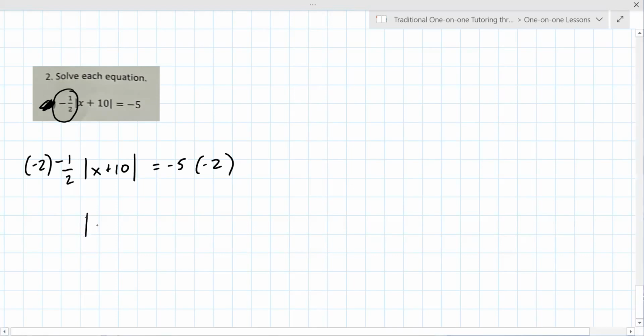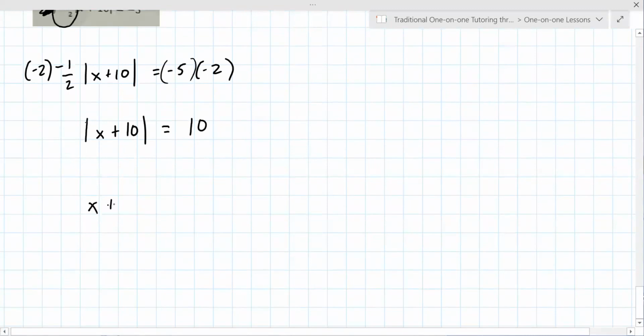On the left-hand side, it's absolute value x plus 10. On the right-hand side, what is -5 times -2? 10. Excellent. Now, when you solve this, you write x plus 10 equals, x plus 10 equals. You write whatever's inside the absolute value in 2 places.